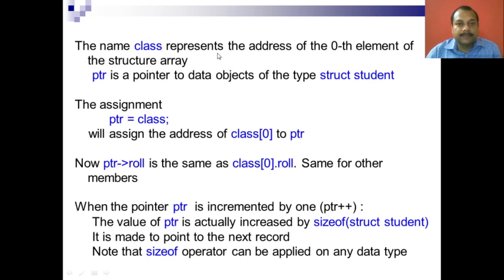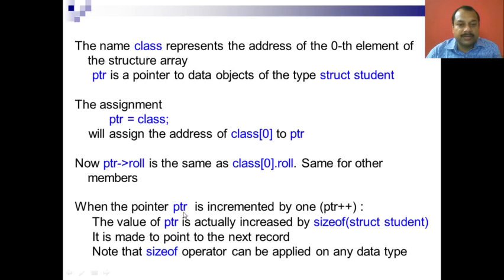So the name class represents the array and the address of its 0th element. ptr is a pointer to a data object of type struct student. The assignment ptr equals class will assign the address of class[0] to ptr. Now ptr arrow roll is the same as class[0] dot roll, and the same for other members.